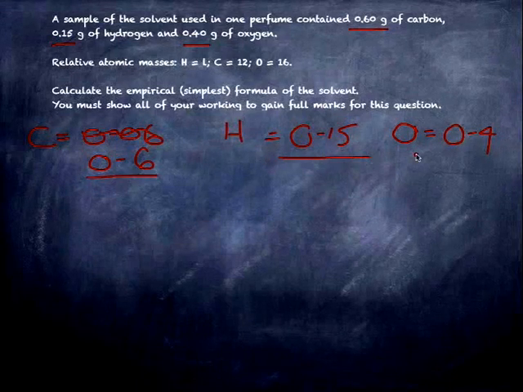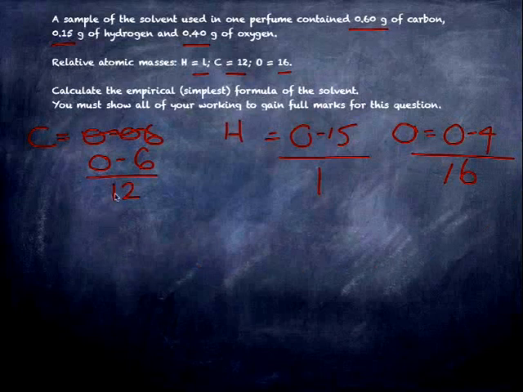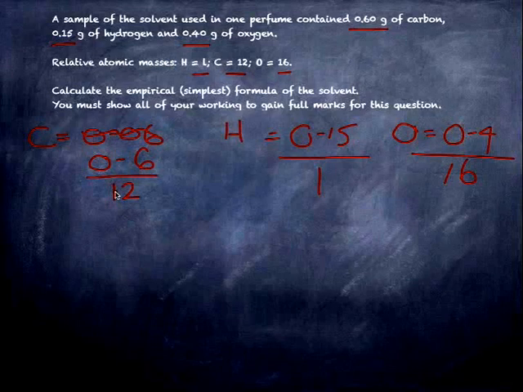So divided by the 12, divided by the 1, and divided by the 16. That will tell us the ratio that we have in terms of the number of moles of carbon, hydrogen and oxygen that make up this particular compound.